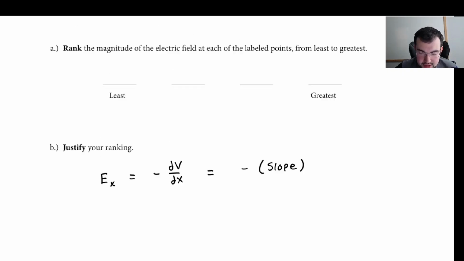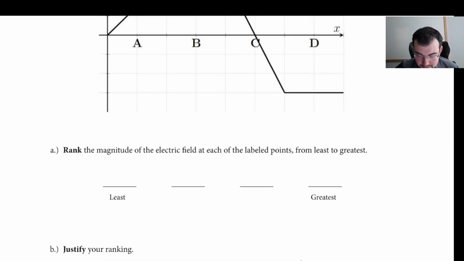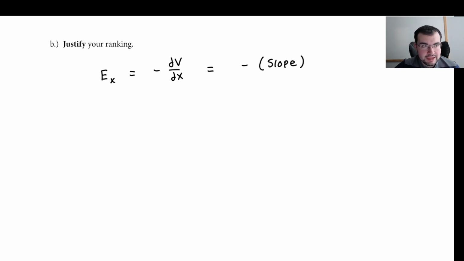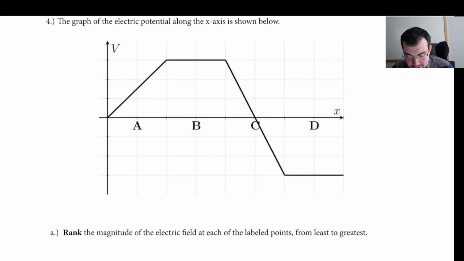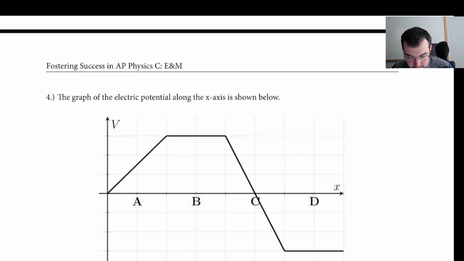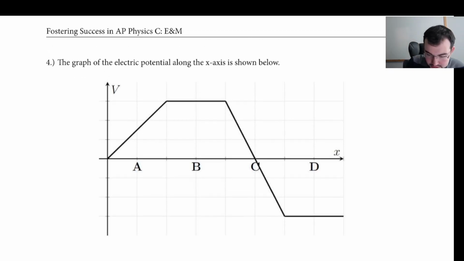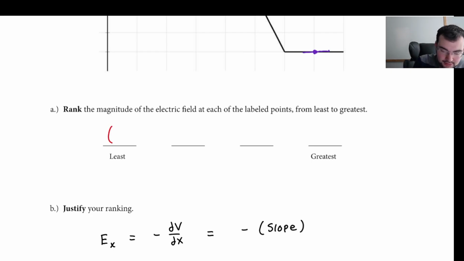And since we're just looking at the magnitude of the electric field at each of these points, we know that the magnitude of the electric field is going to be the absolute value of the slope. So let's do that in each of these cases. So first of all, at B and D, we see that this slope is completely flat. So we know that dead last is going to be B and D.